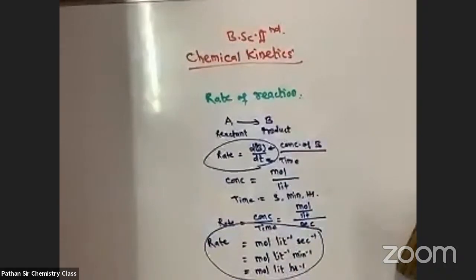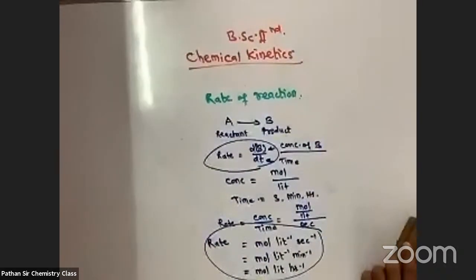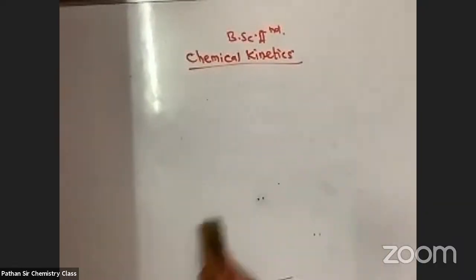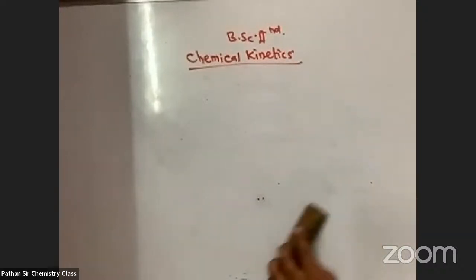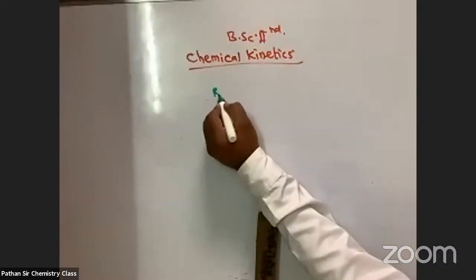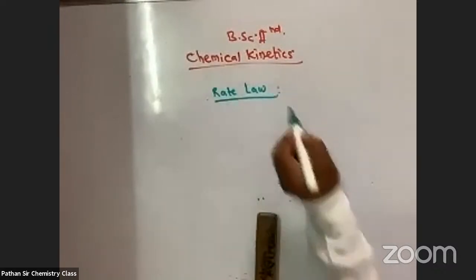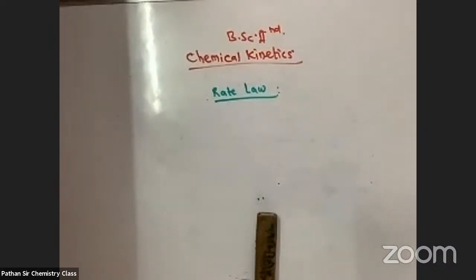Then let us go to the most important point of chemical kinetics, that is known as rate law. Okay? Once you understand the rate law, chemical kinetics is quite easy. See, what is rate law?